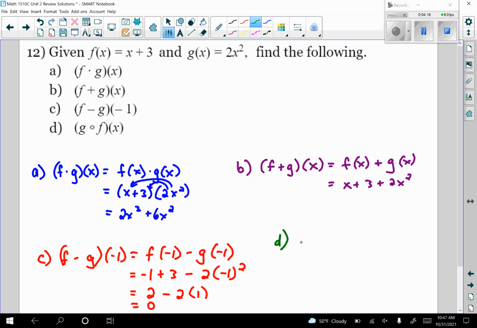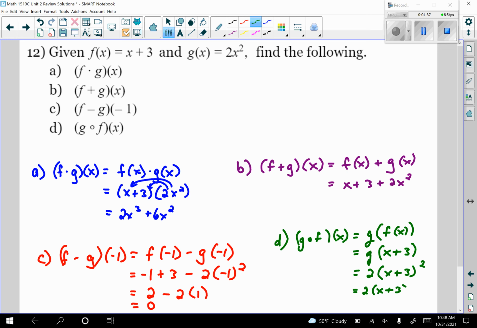And then for D, this is g of f of x, so we could also rewrite it this way. So this becomes g of x plus 3, so we get 2 times the quantity x plus 3 squared. So this becomes 2 times the quantity x plus 3 times x plus 3.